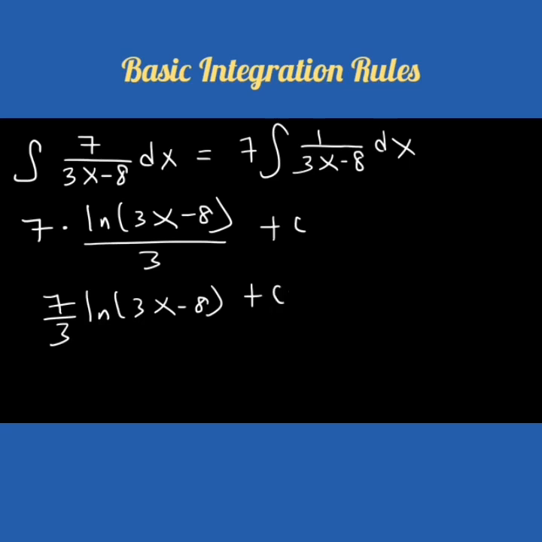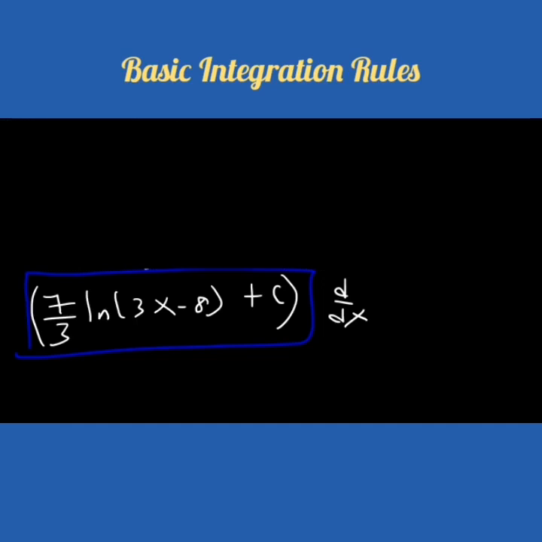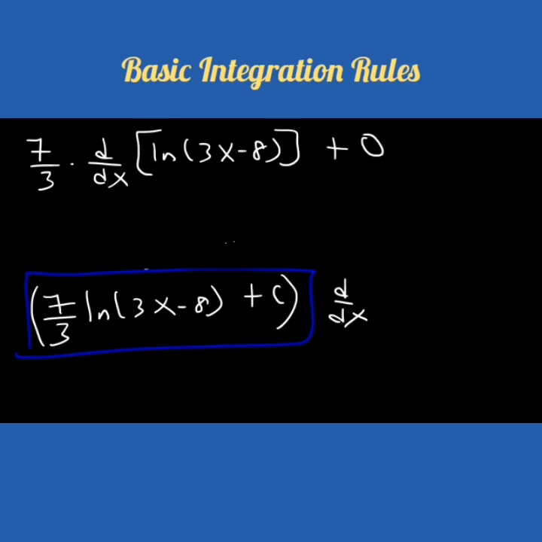Then let's try to differentiate the answer if we will get 7 over 3x minus 8. So, d over dx, magiging 7 over 3 times the derivative of ln of 3x minus 8, plus the derivative of c, which is 0.